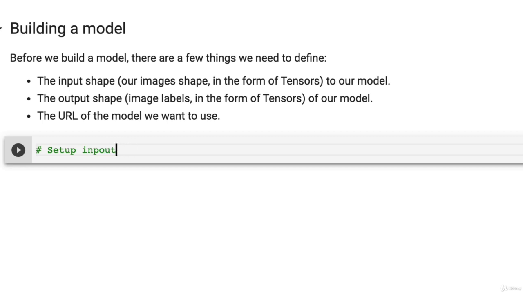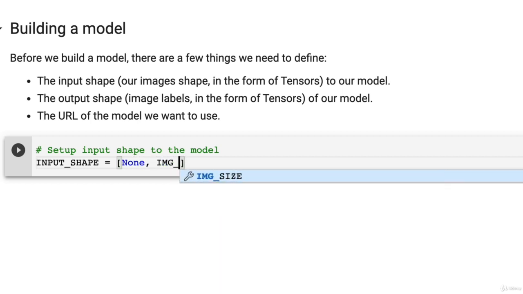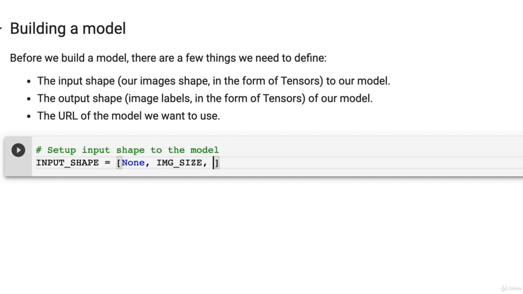Set up input shape to the model. And now I'm going to define this as what it is, and then we'll figure out where these come from in a second. But I want you to have a think about what this might be. So where have we seen None, image size, 3 before?